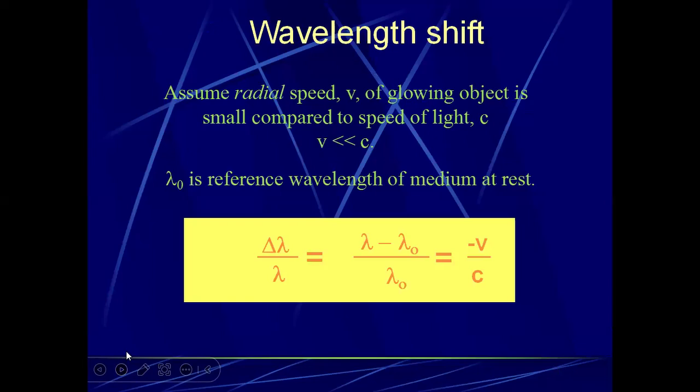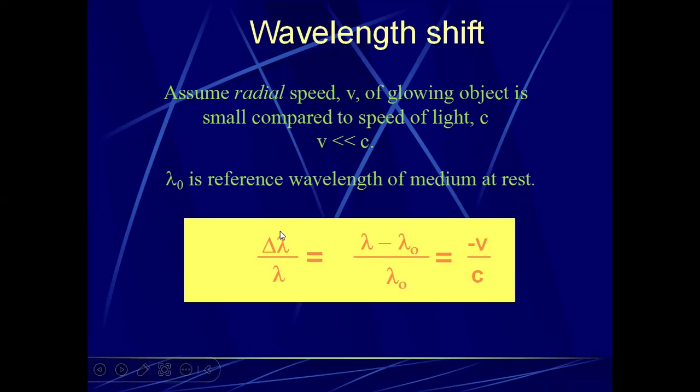Wavelength shift. What will be the wavelength shift? Assume the radial speed v of the glowing object is small compared to the speed of light c, where the velocity is more and more less than the velocity of light. Then lambda naught is the reference wavelength of the medium at rest.